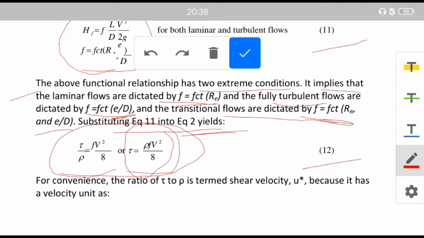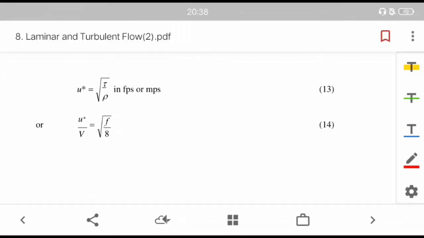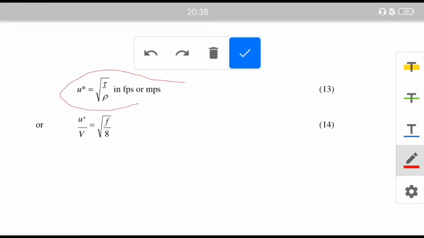For convenience, the ratio tau to rho is termed the shear velocity, u star, because it has a velocity unit. u star is the root of tau upon rho in feet per second or meters per second, or u star upon V is the square root of f upon 8.